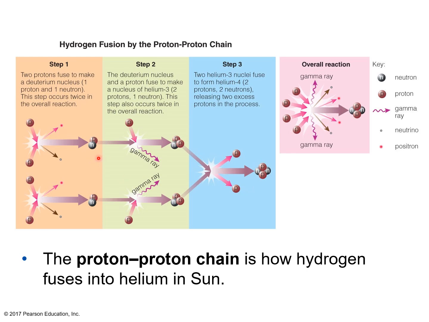The deuterium nucleus and a proton fuse to make a nucleus of helium-3. And in the process, they kick off this energy. This energy, this gamma ray, ultimately will be the light, the heat, the energy that we get from the sun. When you combine the deuterium nucleus with 1 proton, now you've got 2 protons and a neutron, and that is helium-3.